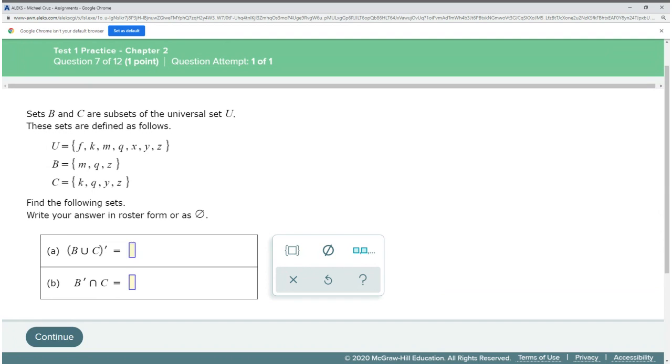K, M, Q, Y, and Z. And then we got to take the complement. And the universe is F, K.